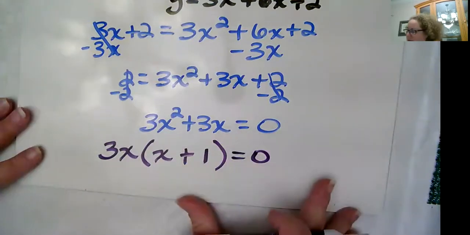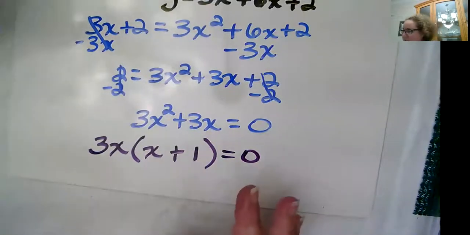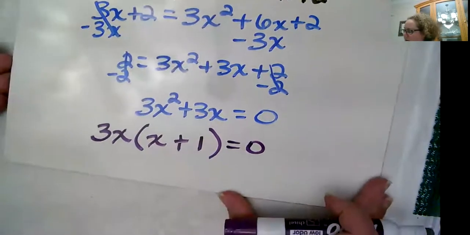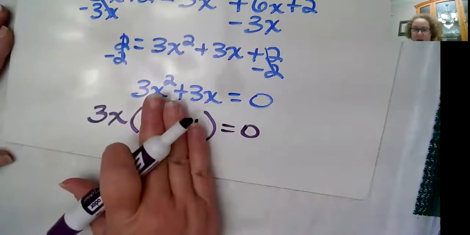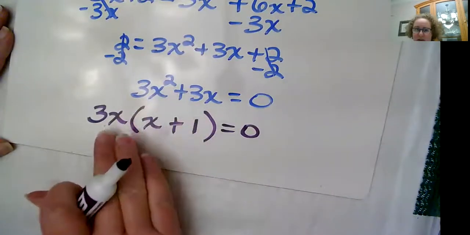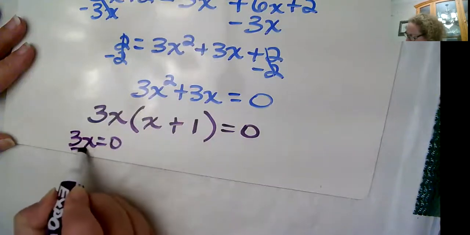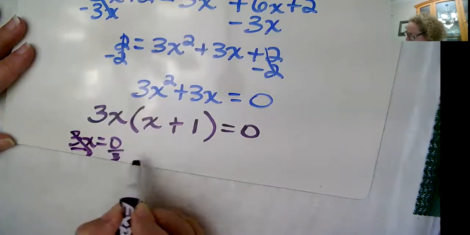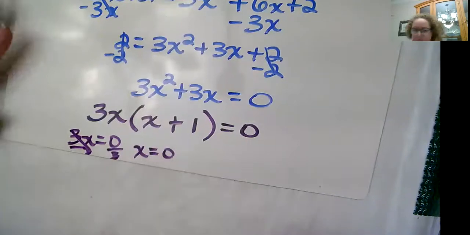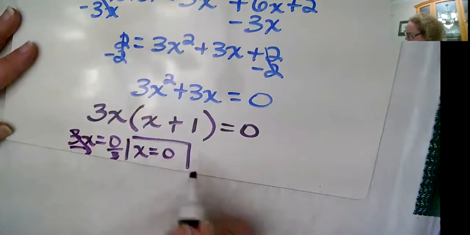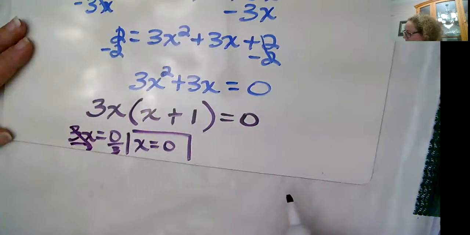Now at this point, since it's factored completely, now we can separate to solve for our two x values. So if I cover up our expression, set this equal to 0. So 3x equals 0, divide by 3, divide by 3. Our first x value is 0. Then I'm going to take the expression and set that equal to 0.